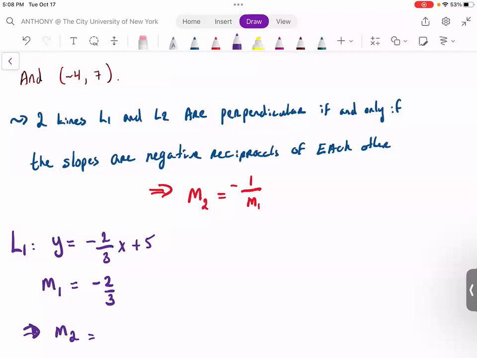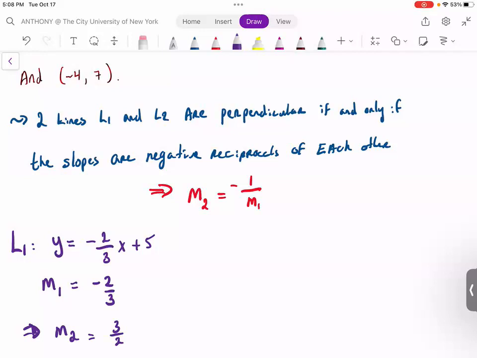Well, you have a fraction for m1, so you have to flip it. If you flip 2/3, it will become 3/2. Now, m1 was negative, and you negate it. What do two negatives give you? A positive. So m2 is going to be positive 3/2.